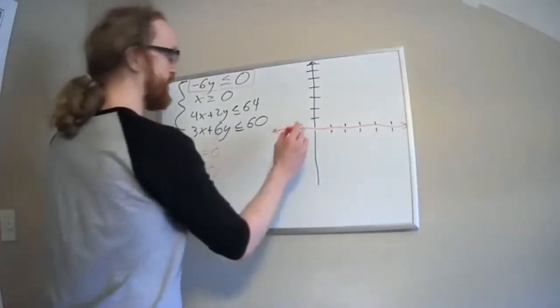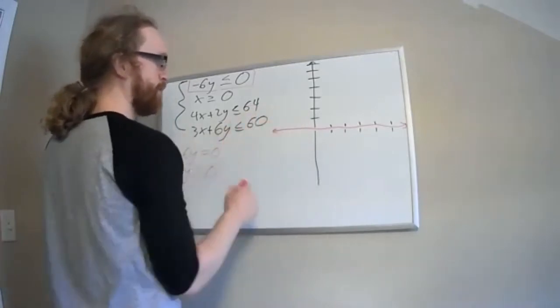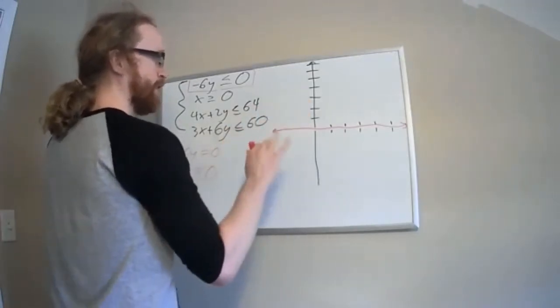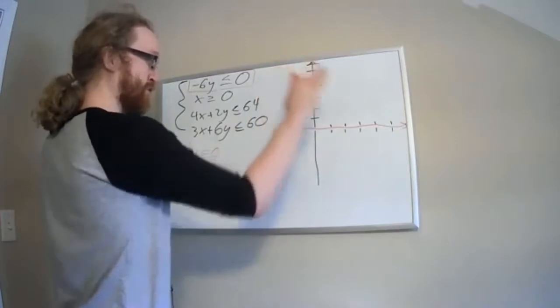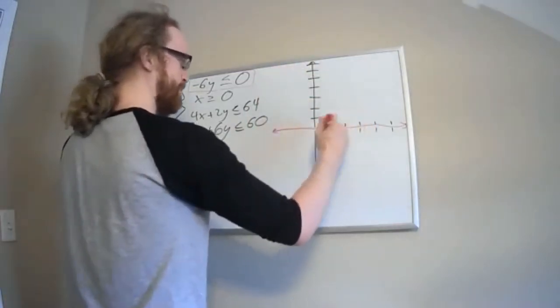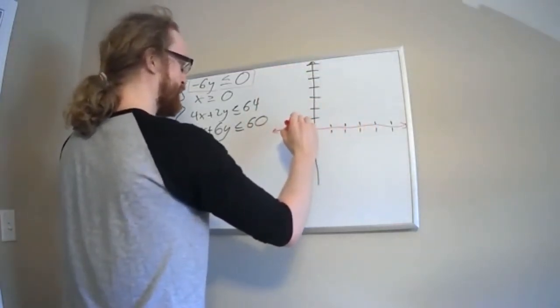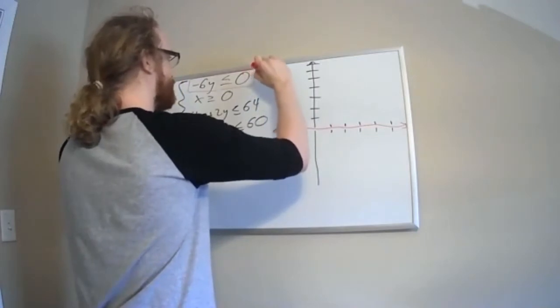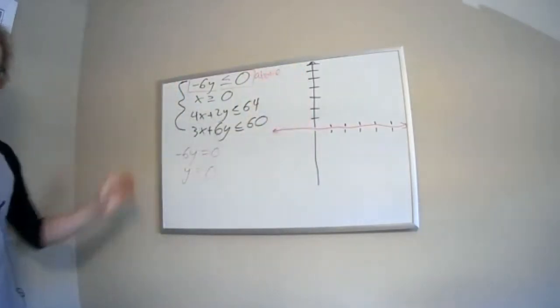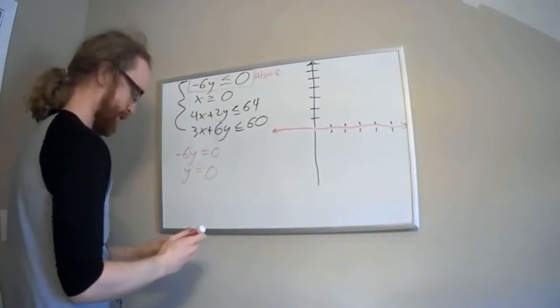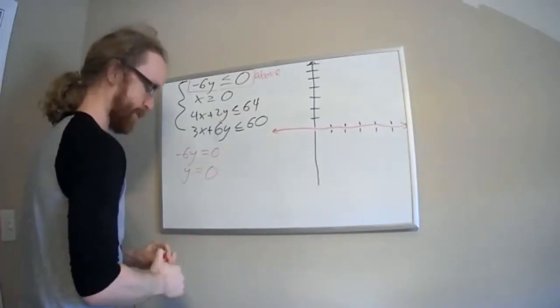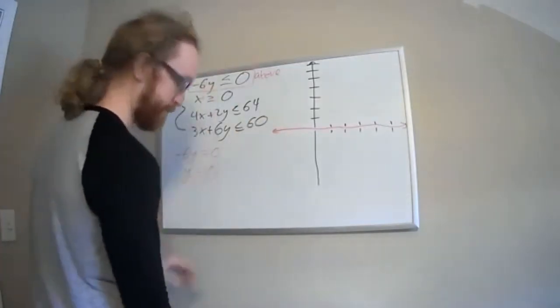So it looks like I should shade above the line, above this red line. To keep my picture from getting super messy from shading all over the place, for now I'm just going to indicate above. We're going to shade above that line. So we shade above the x-axis from this first inequality.